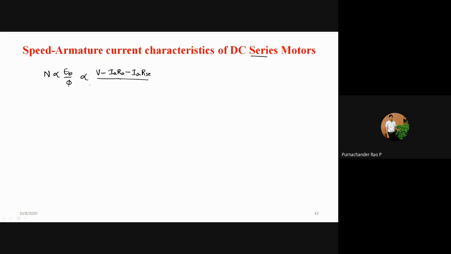Again here, for the series motors, flux is proportional to armature current IA.